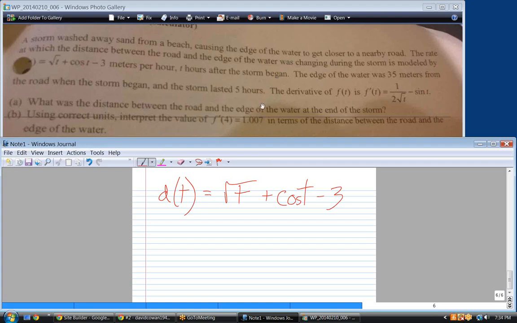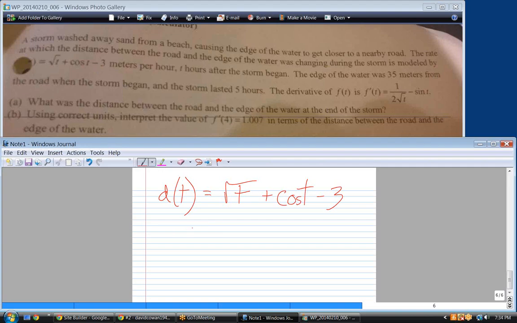So if we want the total change during 5 hours, we're going to integrate this function from 0 to 5. And it'll give us the total change, the total distance that is changed. Would we have to do 35 subtract that integral so then we can get the difference? Well, we know it was 35 meters at the beginning of the storm. So whatever number we come up with, we're going to subtract from 35, and that's how close it'll be to the edge of the water at the end of the storm.